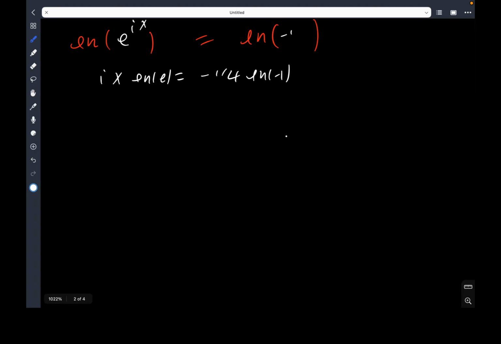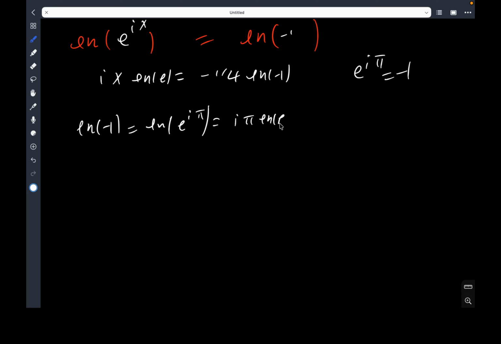And natural log of negative 1, since we know e to the i pi is negative 1, we can write this as ln of e to the i pi. Thus we're going to get i pi ln e, which is the same as i pi.